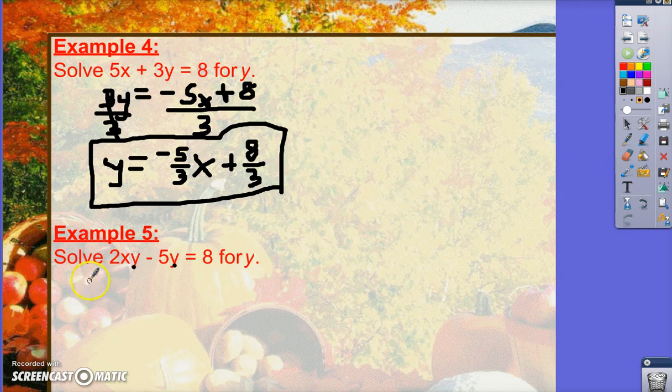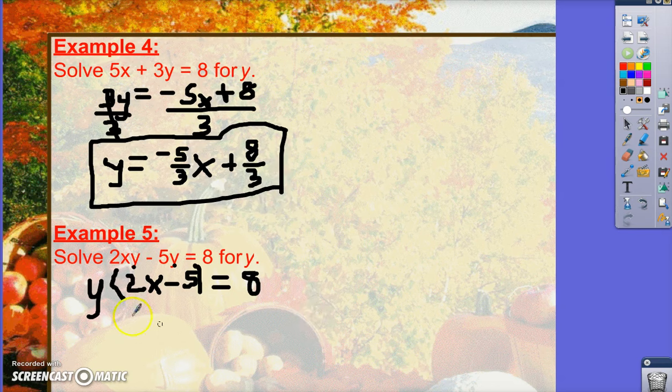They both have a y in common, right? So let's start by factoring out that y. That's what we're going to have to do in this case here. So if I factor out a y, I get y times the quantity, 2x minus 5 equals 8. Now I only have one y. I went from 2 down to 1.